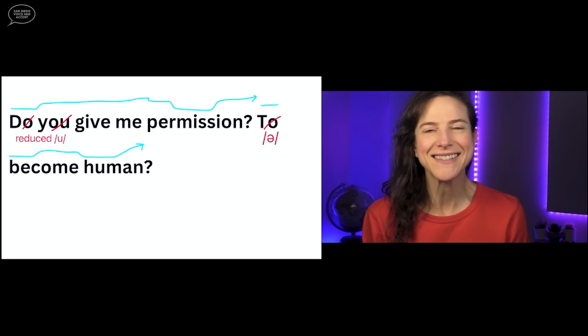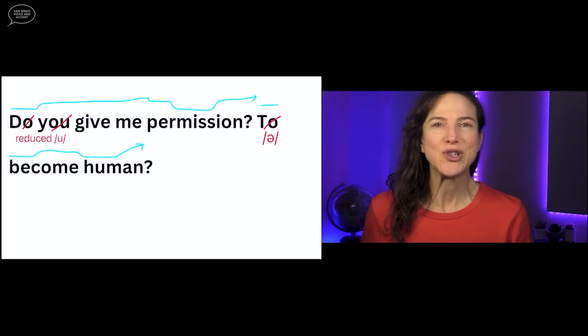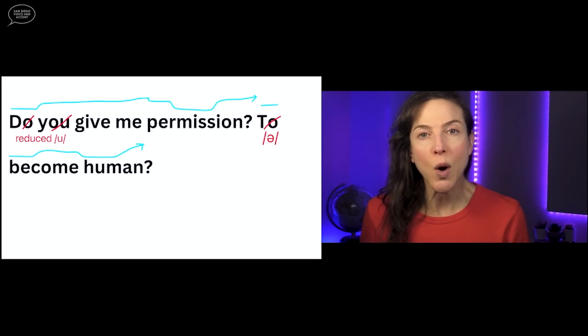Here's sentence number 10. Do you give me permission to become human? Now on to our next sentence, and this is spoken by Barbie. And she uses pretty common intonation here, nothing too exciting. She kind of starts low on the word "do," and then "do you give me permission to become human?"